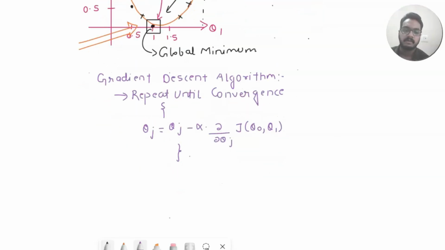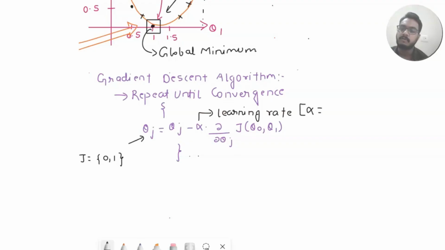Now here, these are our parameters. j will take two values, 0 and 1, because we have two parameters, theta 0 and theta 1. Here alpha is called the learning rate, which is nothing but the speed with which we will be moving downward towards the global minima. That speed is determined by the value of alpha.